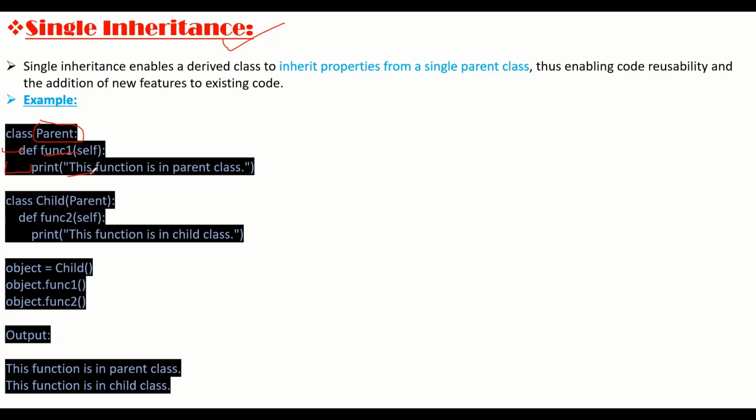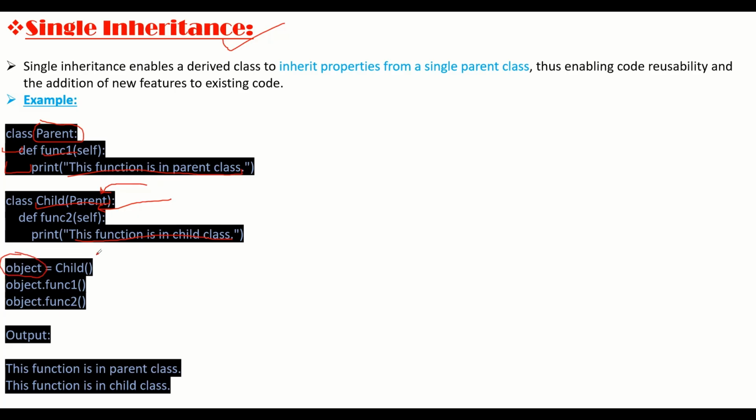Then print, you can write here what you want to print, and then your child class. So class child, and then inside it this is parent class, and then def function 2 with self. This is self parameter. Guys, note that this self is a parameter, and then again print what you want, and then create an object.